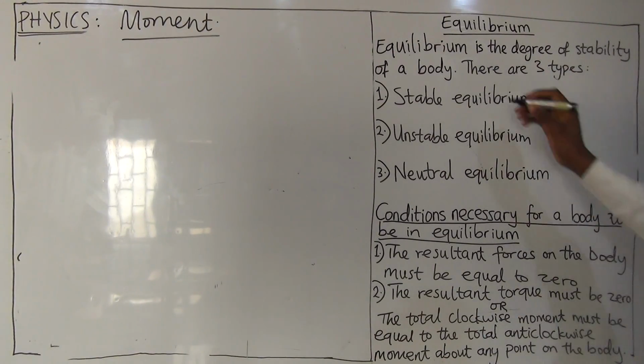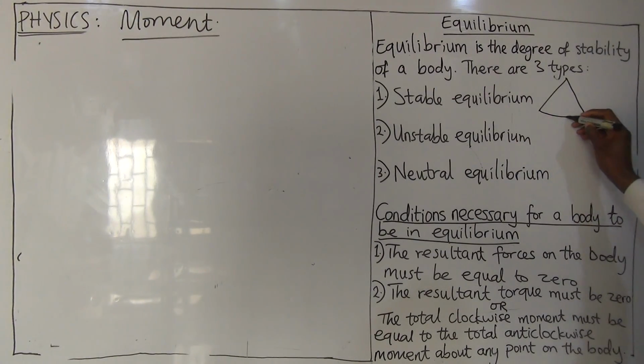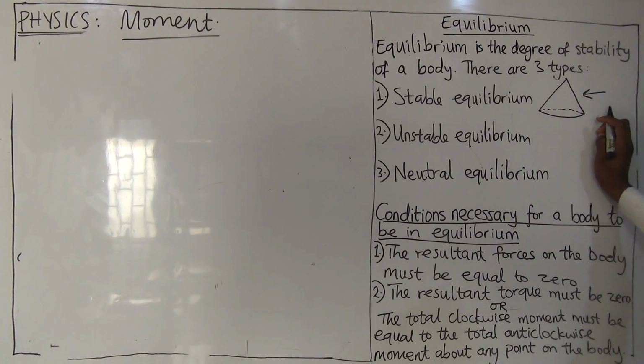Okay? Let us take another example of objects in equilibrium. Let us take another example of stable equilibrium. Let us consider a cone that stands on its wide base. This cone is in stable equilibrium because when you push it slightly, it might tilt a little bit and then return to its original position. But what about an inverted cone? Consider a cone that is upside down.